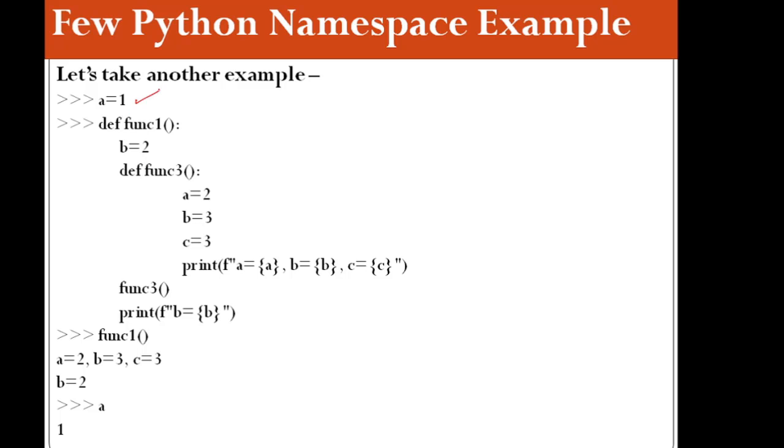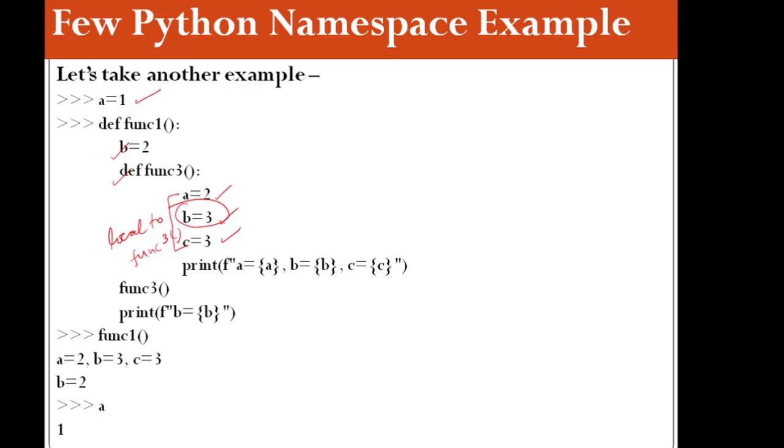So this is another example. This is the global variable, then B inside func1, then we have A2, B3. So these are local to func3, although they have the same name, but this is a local and separate namespace.